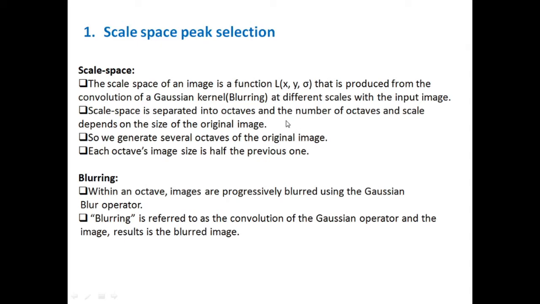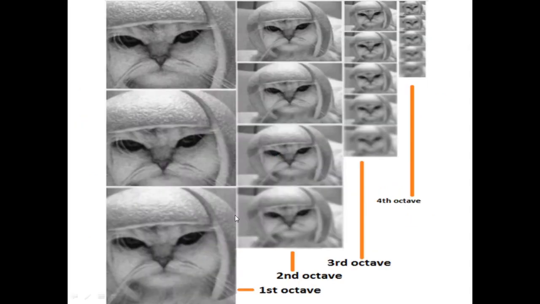What actually are this octave and this scale being mentioned many times? The first point is that the scale space of an image is a function L equals G into I. The next thing is that scale space is separated into octaves and scales. You can see here I have an original image, and it is scaled many times. Here is my first octave, my second octave, my third octave, and my fourth octave.